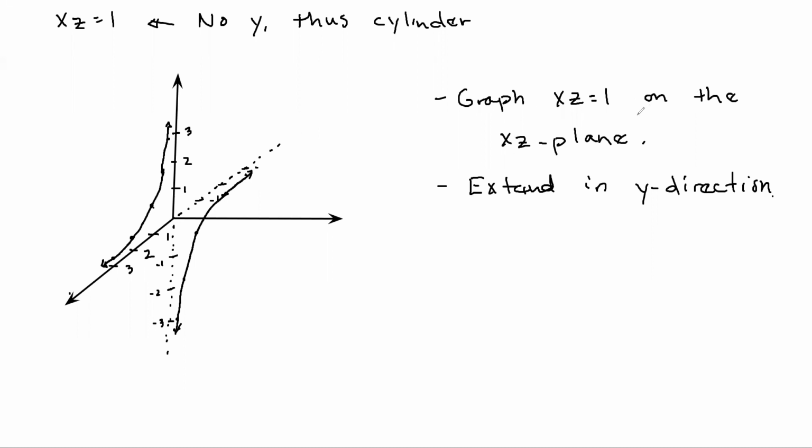Okay, and so that's the graph of xz equals 1 on the xz plane. In order to go through and extend in the y direction, what we want to do is just take this object and draw it again by moving over in the y direction a certain distance. So you can say, hey, I'm going to go right here, and I just want to draw this object again. And similar to what we did earlier, you can put in a fake z-axis over here and a fake x-axis and a fake -x and -z.